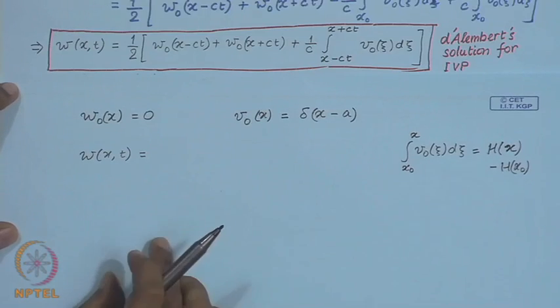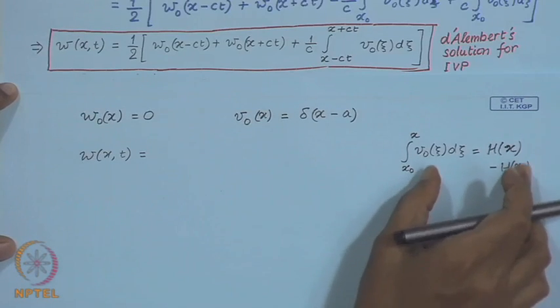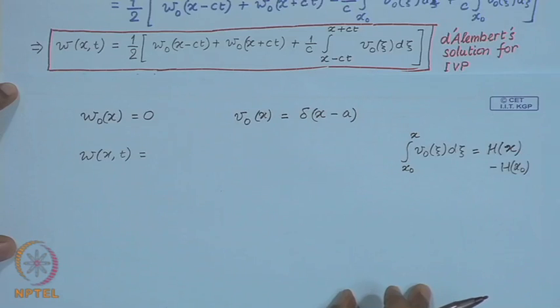So, if you take this, this is the Heaviside step function.